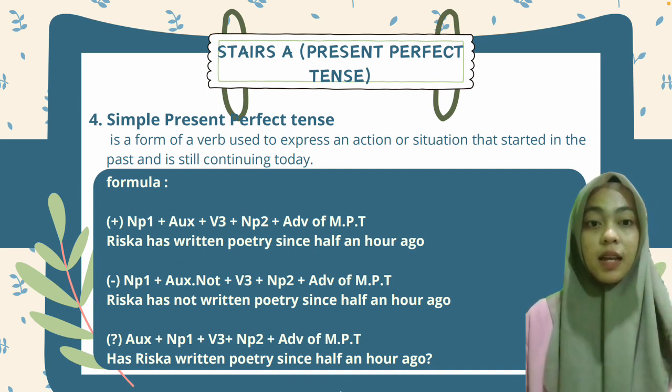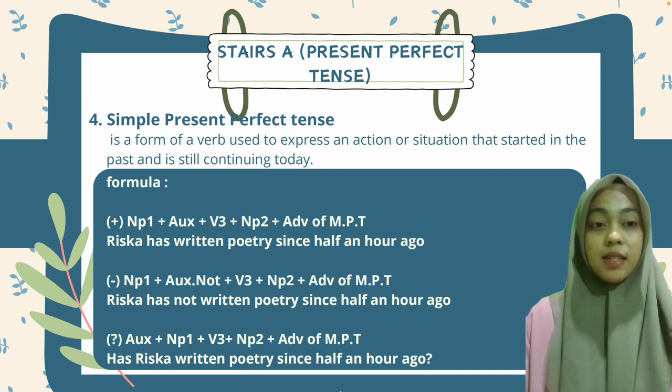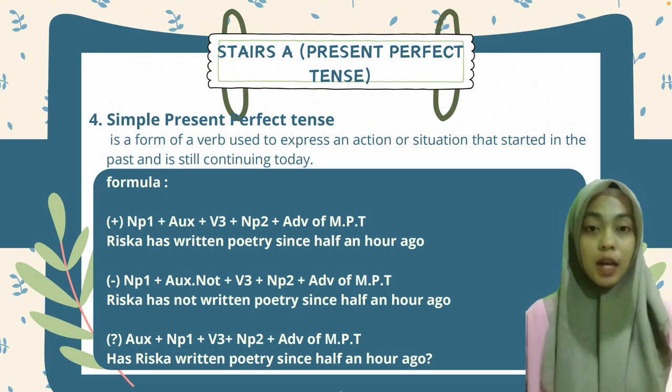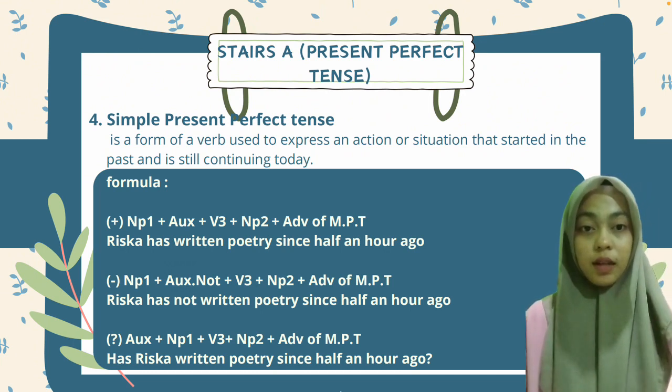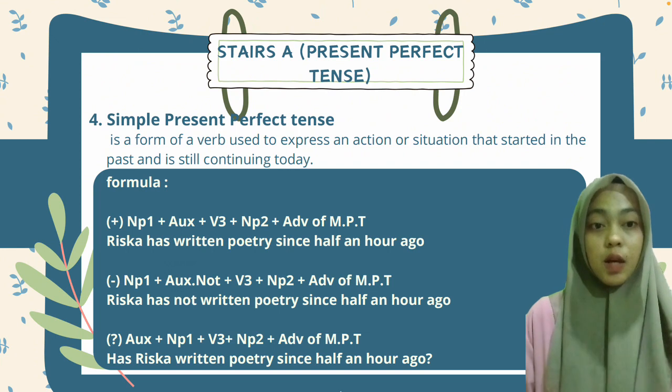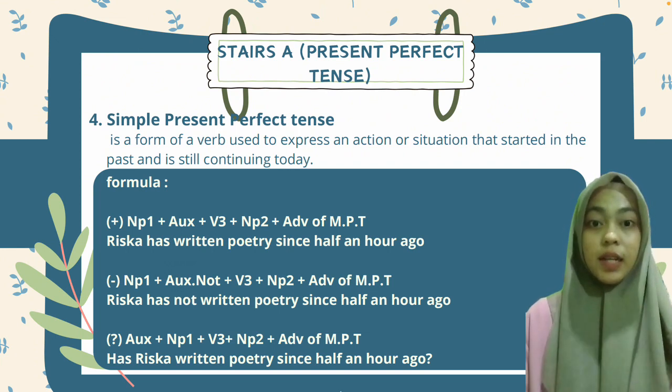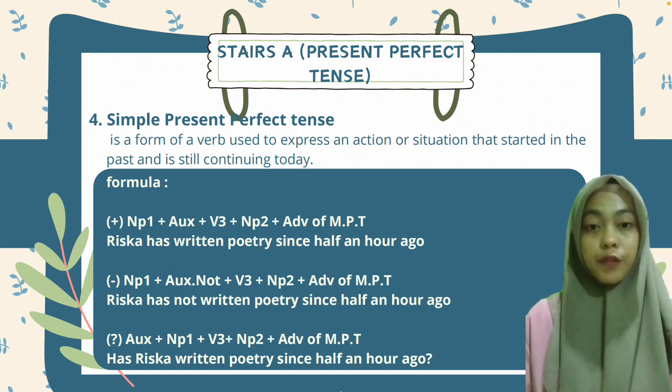For the example, like Rika has written poetry since half an hour ago. So Rika is subject, has is auxiliary, written is verb 3, since half an hour ago is adverb of time.